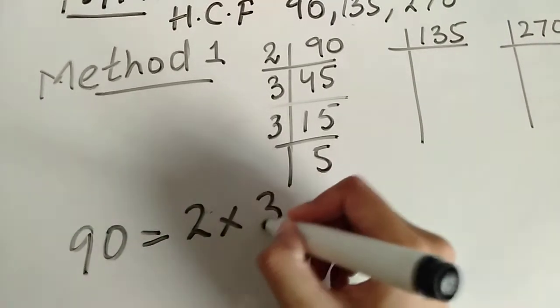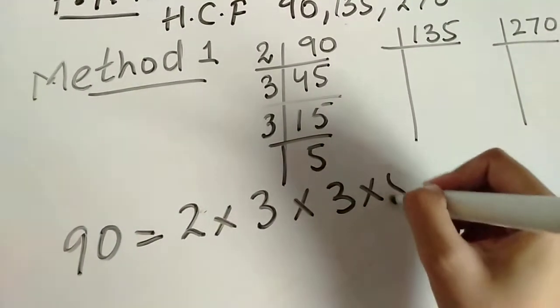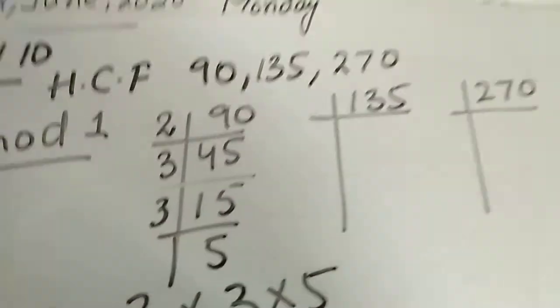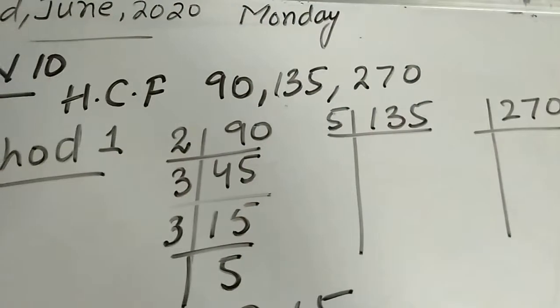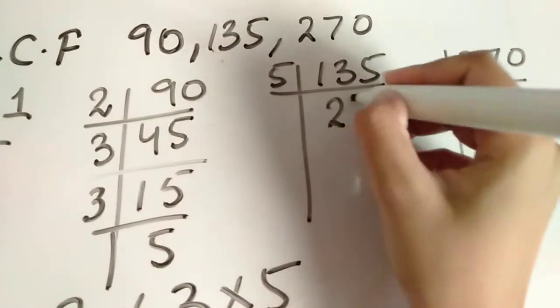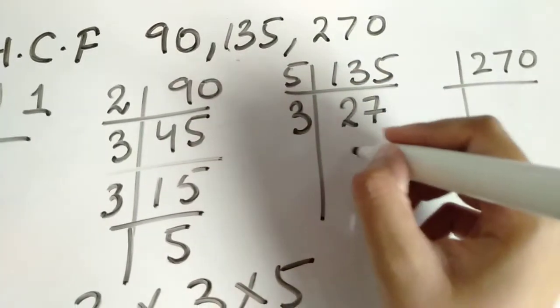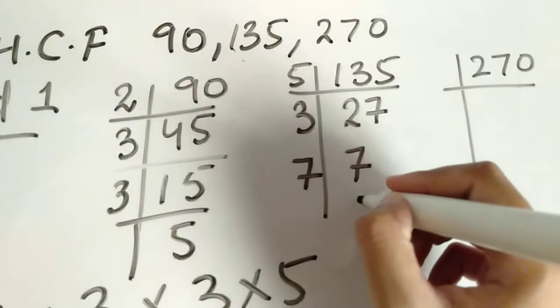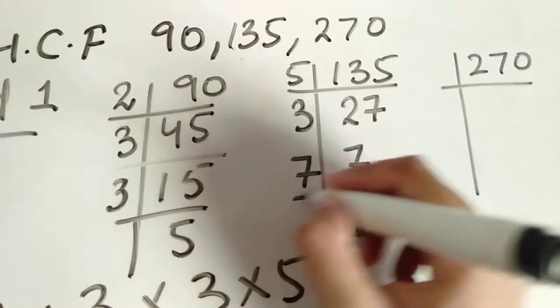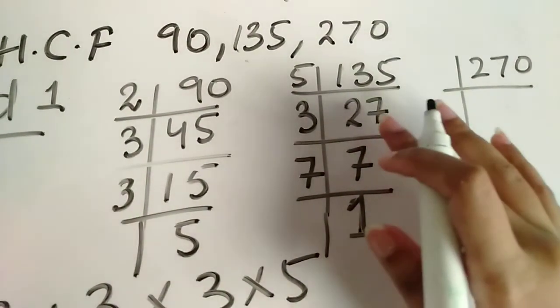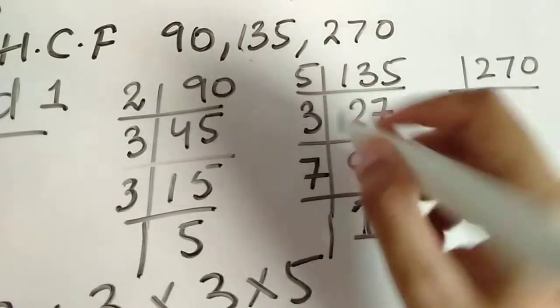It's 2, 3, 3 and 5. Now for 135, now with 3, sorry, 3, 9.